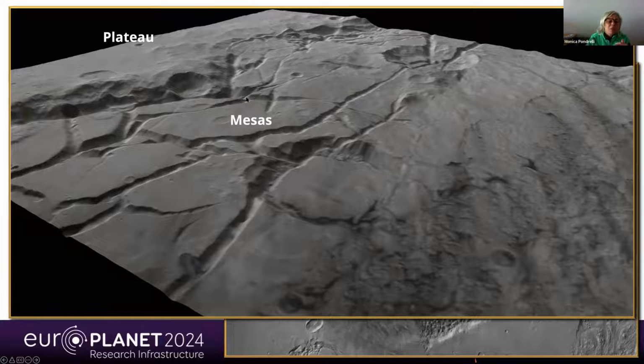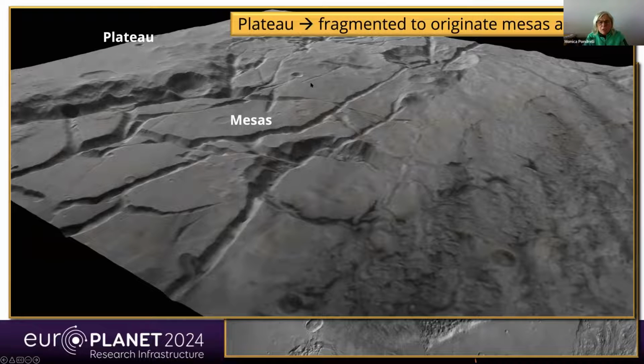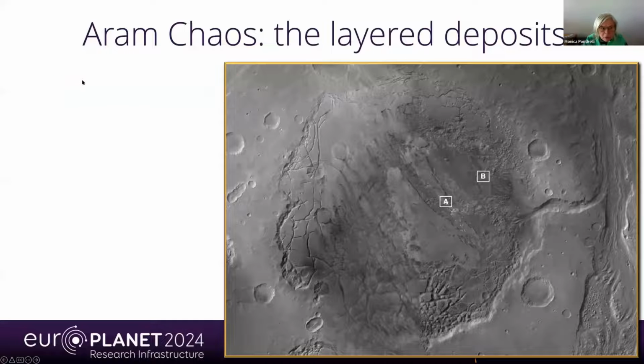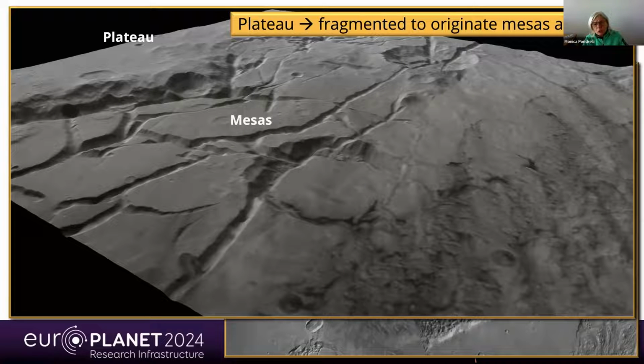But there was a post-depositional process, which is this fragmentation, these fractures, that led to the formation of two different geological units. So, a plateau fragmented to originate mesas and knobs. We already have a succession of events in our area.